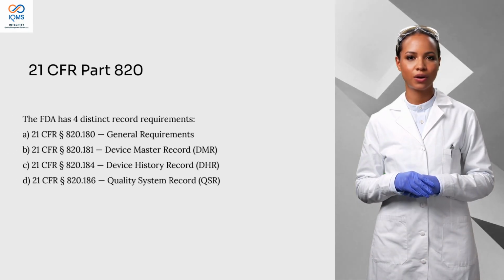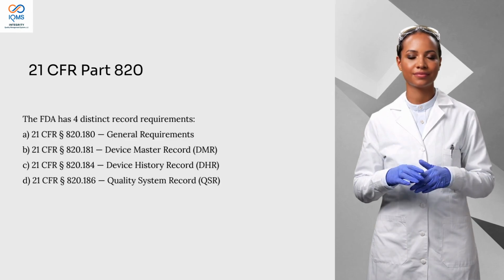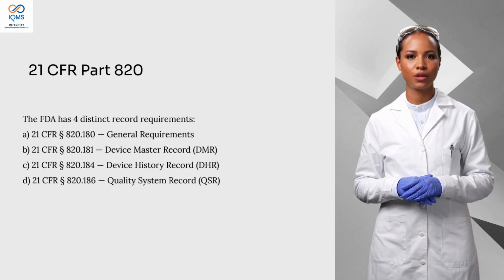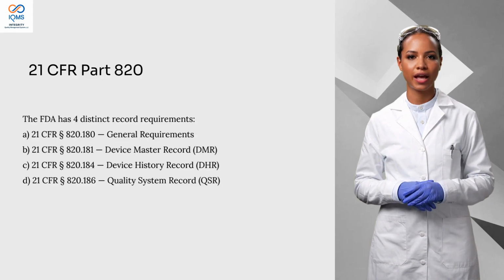21 CFR Part 820. Let's take a minute and look at the FDA requirements regarding medical device records. The FDA has 4 distinct record requirements. A. 21 CFR Section 820.180, General requirements.